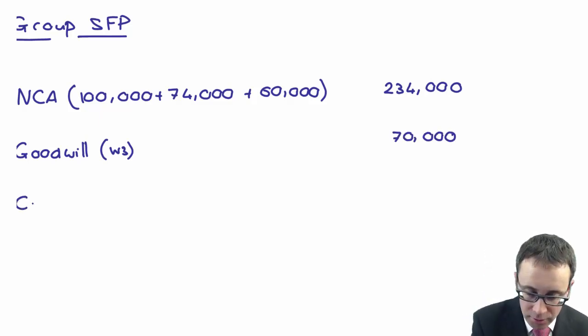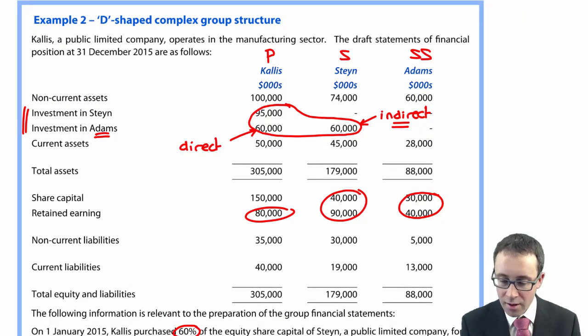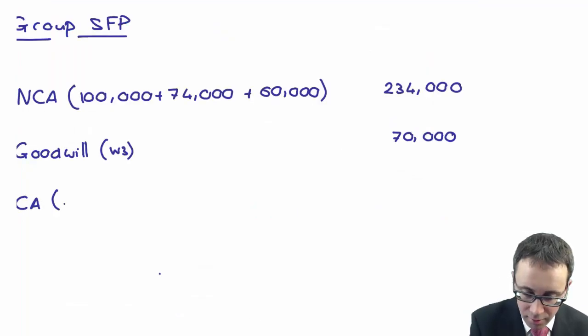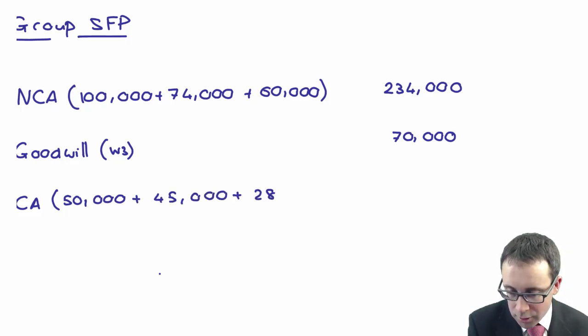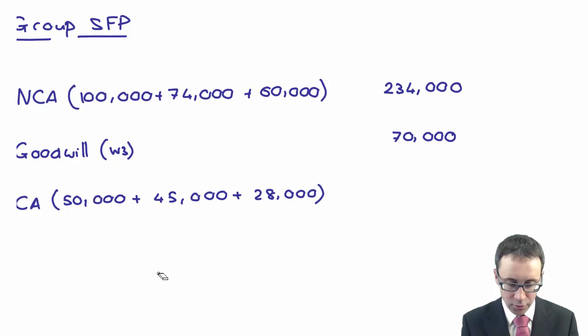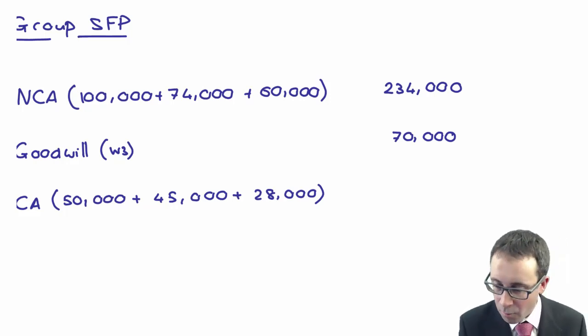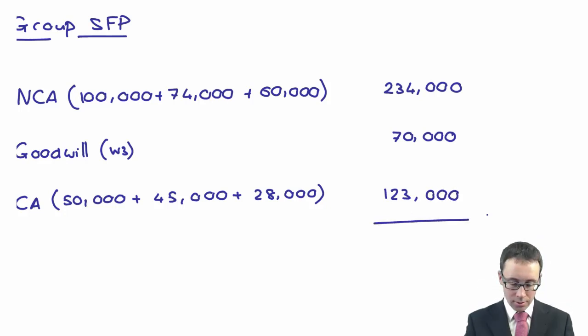We can ignore the investments, and we can then play around with the current assets of 50, 45, and 28. So 50 plus 45 plus 28,000 gives me 123,000.